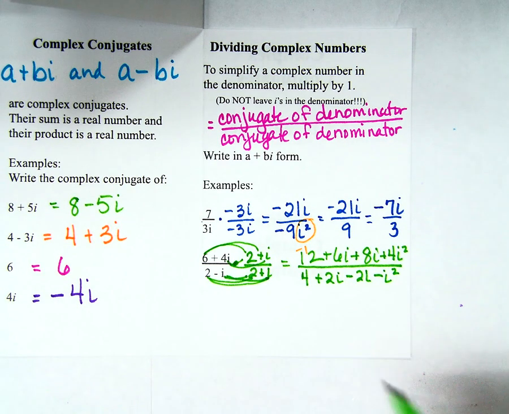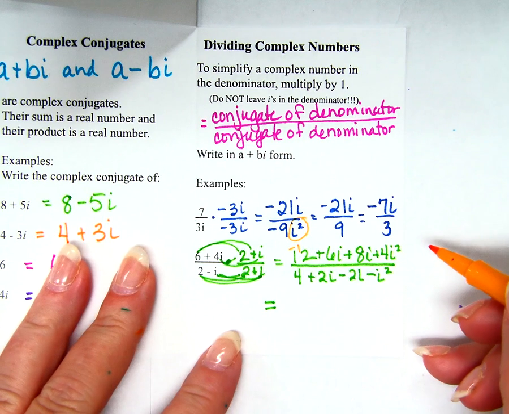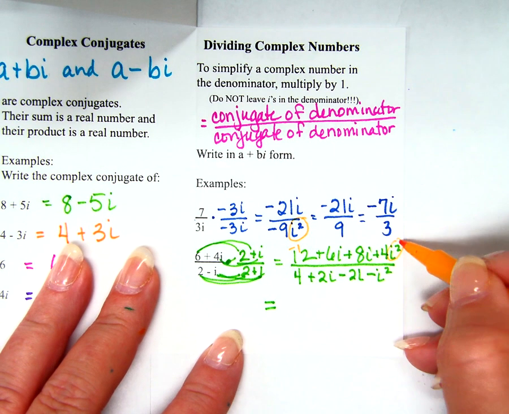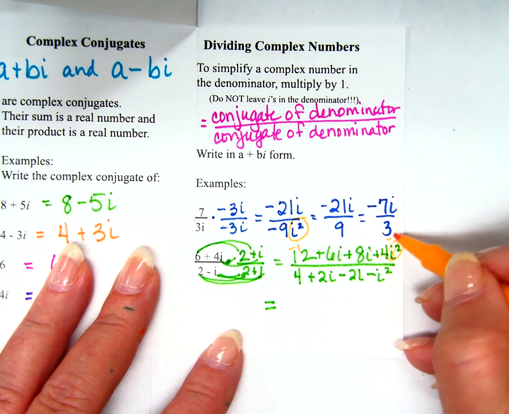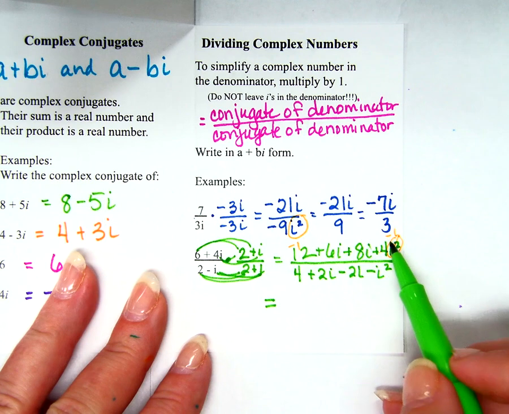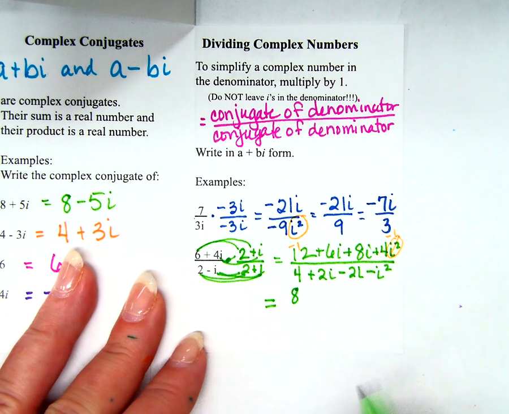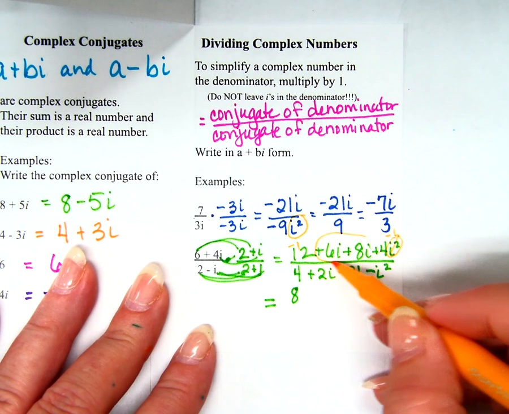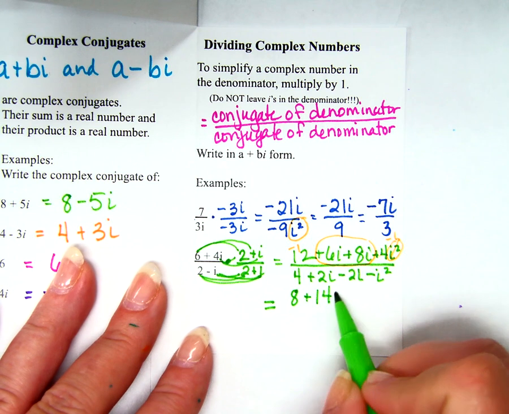Let's start with the numerator, please. What do you notice in the numerator? I squared. What is that equal to? Negative 1. So this number right here is actually what? Negative 4. So I have 12 minus 4. 8. What else do you notice in the numerator? Absolutely. 6i and 8i. 14i.